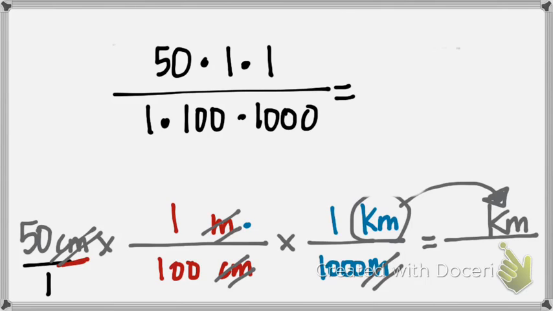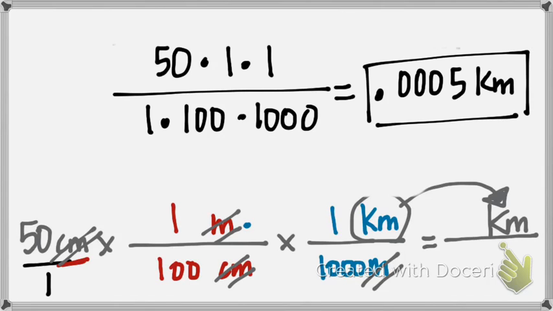And when you finish all of that up and you run the math on that, if I am not mistaken, it should be 0.0005 kilometers, which was the exact same answer that you had when we just moved the decimal. So you can see why we don't use dimensional analysis in general when we're doing metric conversions because, well, you just don't need to.